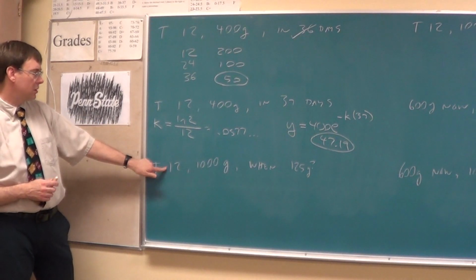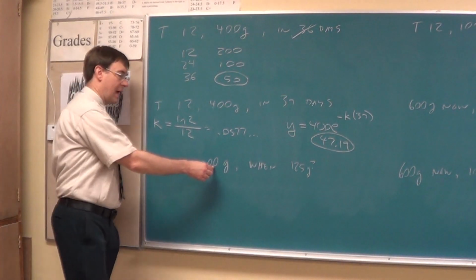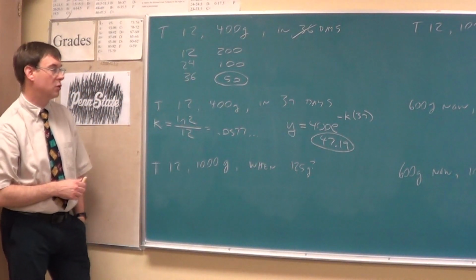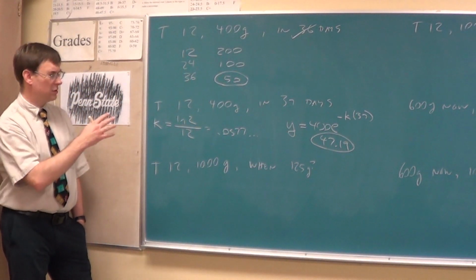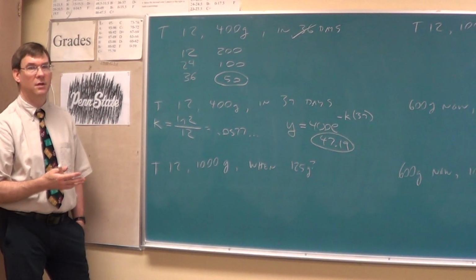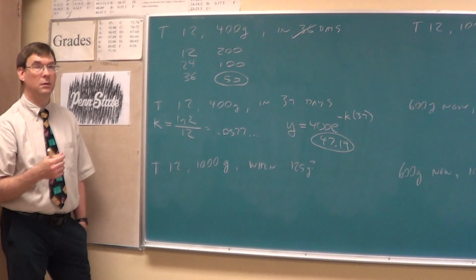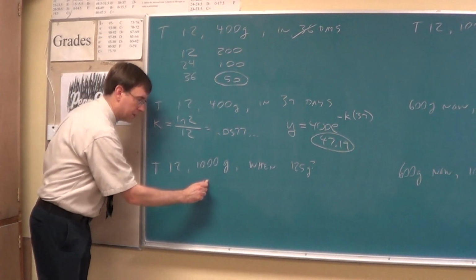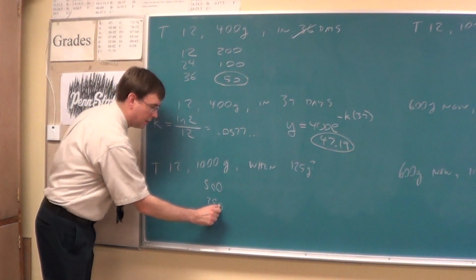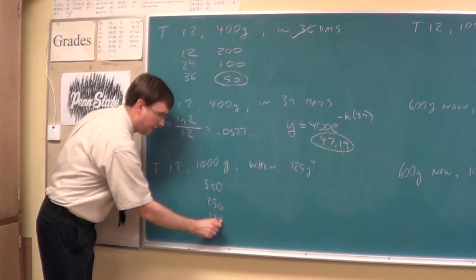So if there's a 12 half-life, 1,000 grams, and we're figuring out when in the future we're going to hit the 125 line. Just try to mentally do that. Are we going to run into 125 if we start from 1,000? Yes, because 1,000 turns into 500, turns into 250, turns into 125.